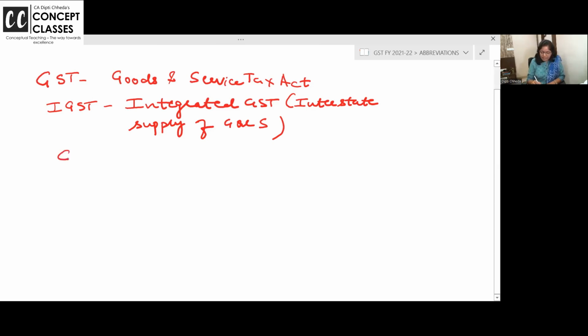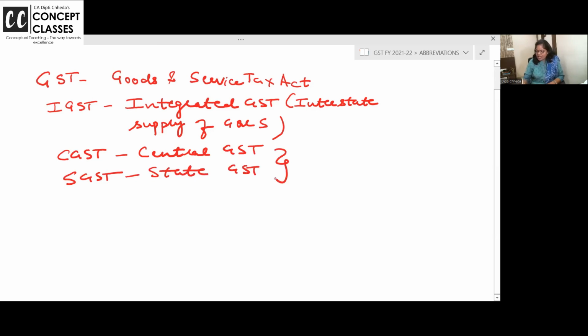Then we have CGST, Central Goods and Service Tax, and SGST, State Goods and Service Tax. These are charged when it is intrastate, within the state, when goods or services are sold or supplied.